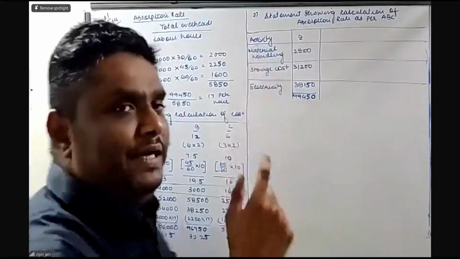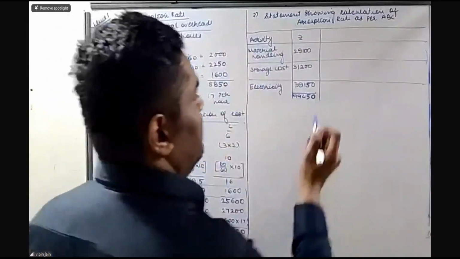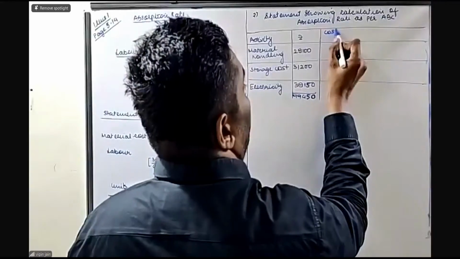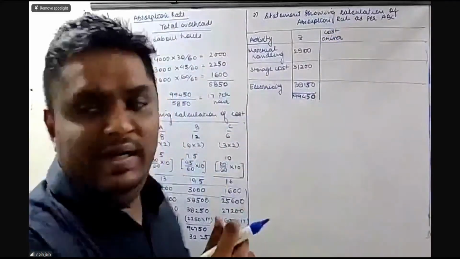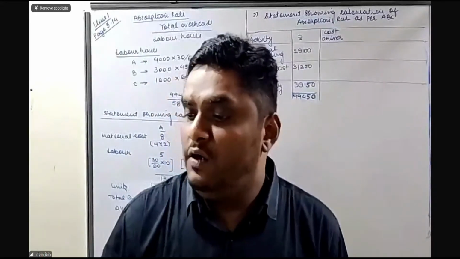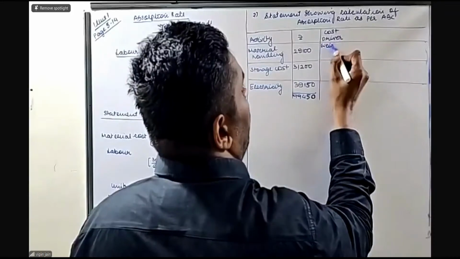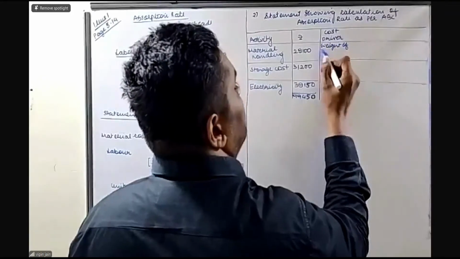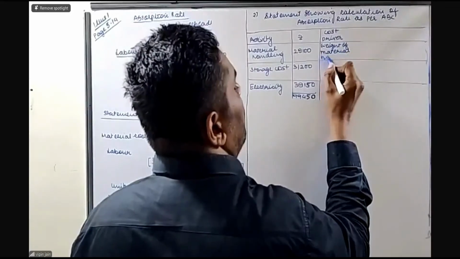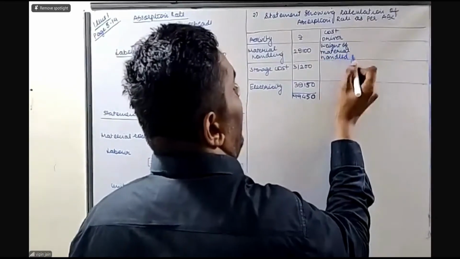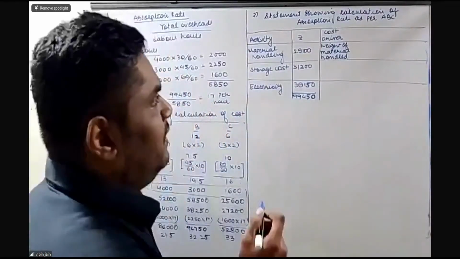Now, for every activity, there will be a separate basis of absorption. We call it the cost driver. So for material handling, it will be weight of material handled. For storage cost, number of batches of material.